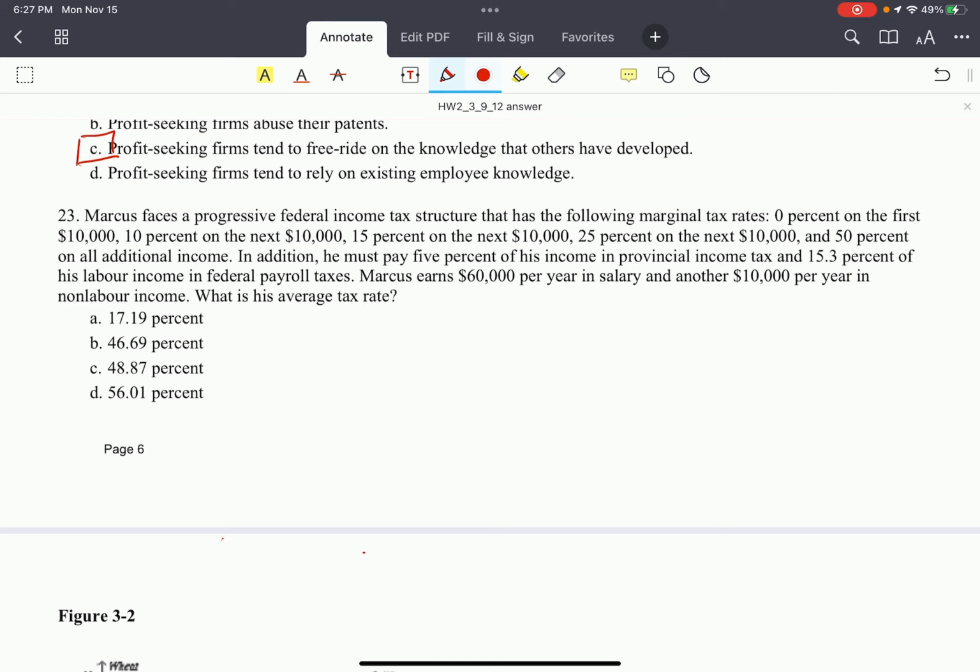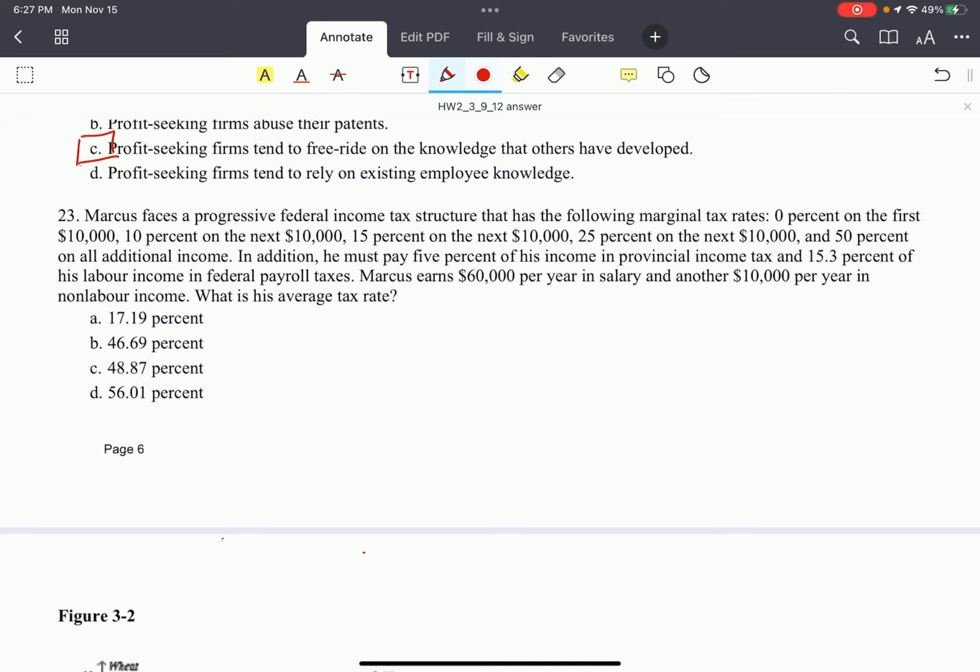Okay, 23. Marcus faces a tax structure like this. For the first $10,000, 0%, next $10,000, 10%, then 15%, then 25%, and on all additional income, it should be 50%.